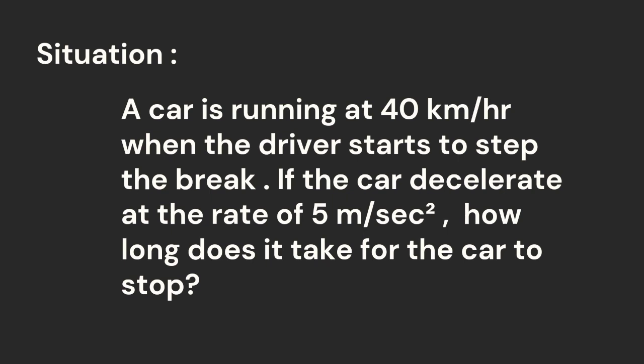Like I said earlier, I prepared one situation that shows acceleration and deceleration applied in our daily activities. A car is running at 40 km per hour when the driver starts to step on the brake. If the car decelerates at the rate of 5 meters per second squared, how long does it take for the car to stop?